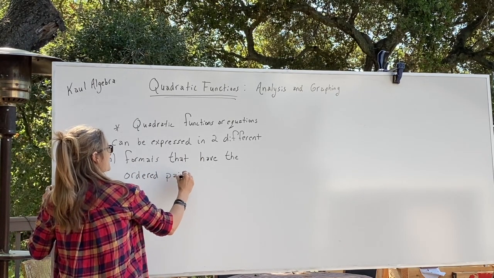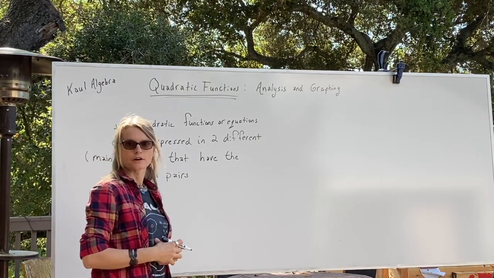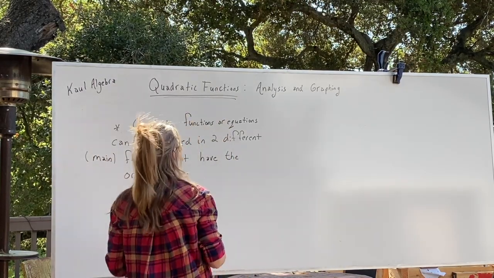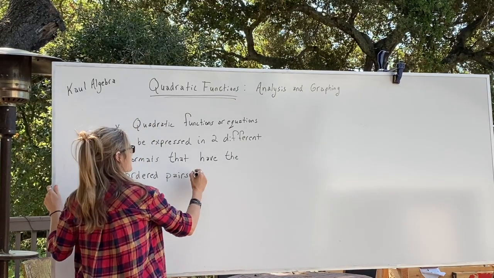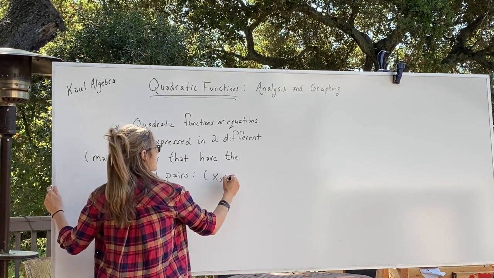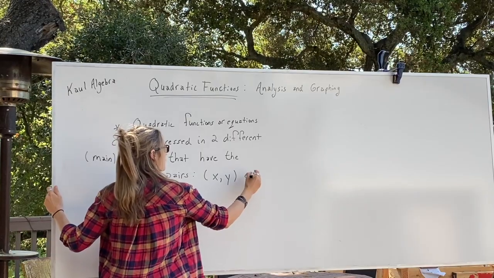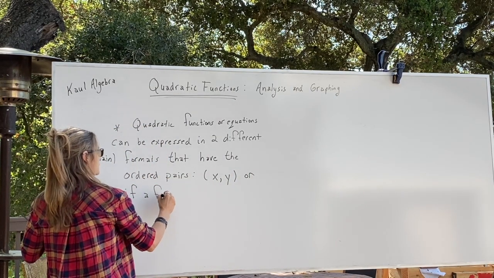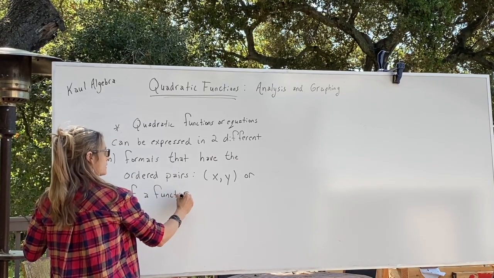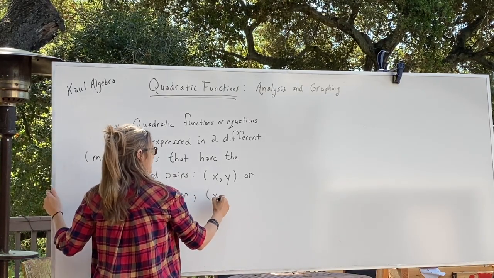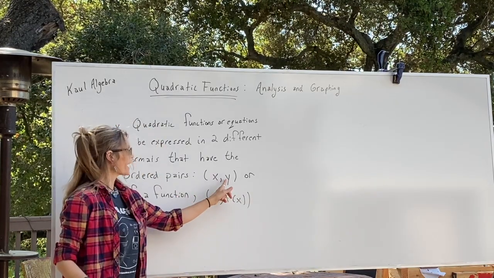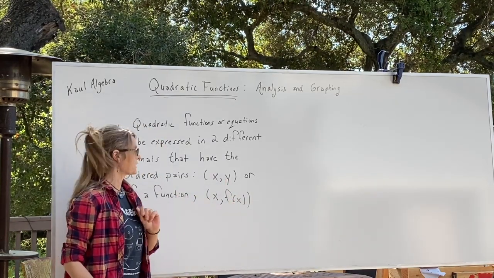So they have the ordered pairs, which are the variables that correlate to the variables of the quadratic equation or function. We have the ordered pairs x, comma, y, or if it's a function, we'll say x, comma, f of x, where instead of having a y, we replace it with the function format f of x.